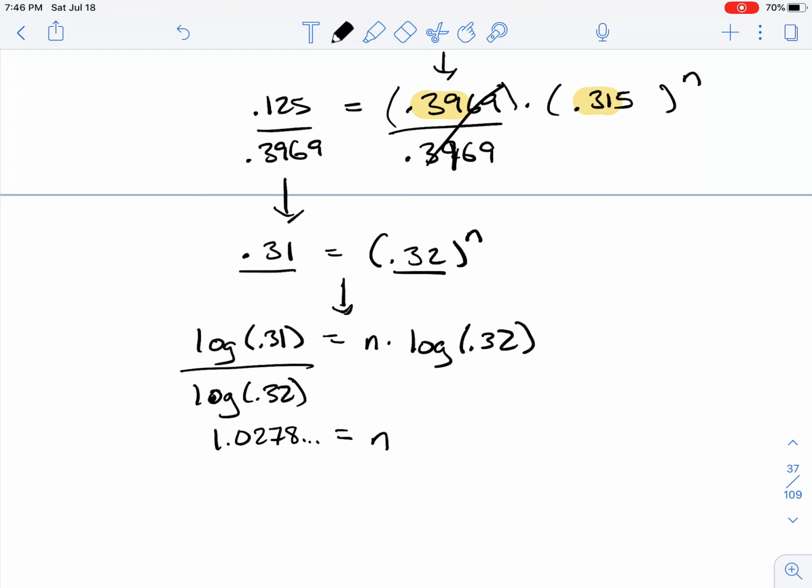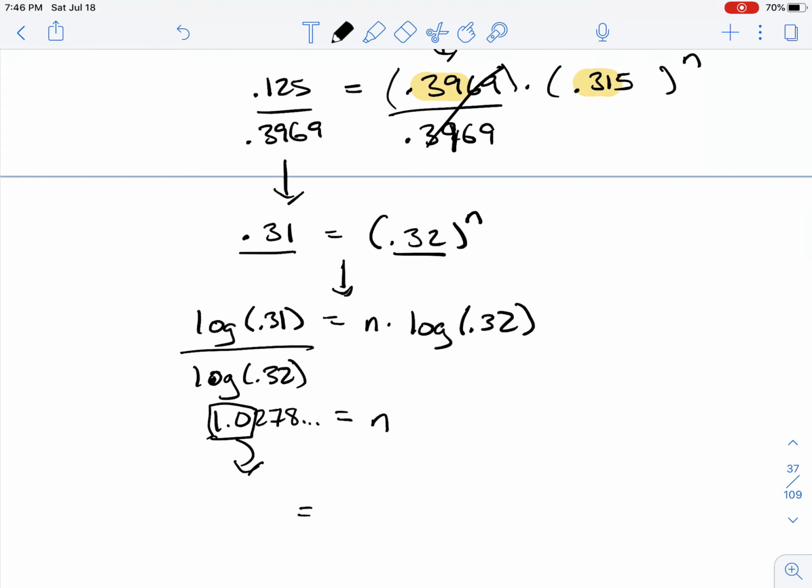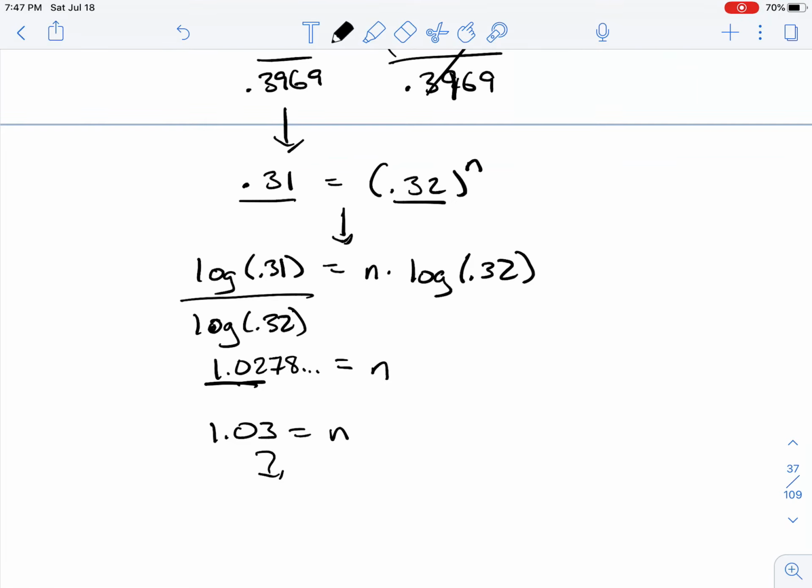And so we're just going to keep the correct number of sig figs here. Actually, if we're going to do sig figs for log, it's going to be the number of places after the decimal. So it's really 1.03. Okay, but we're going to round that to the nearest whole number, which is going to be 1.